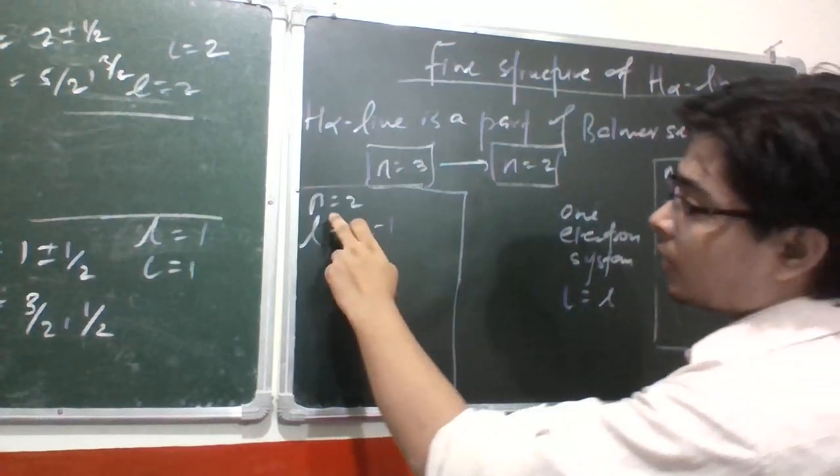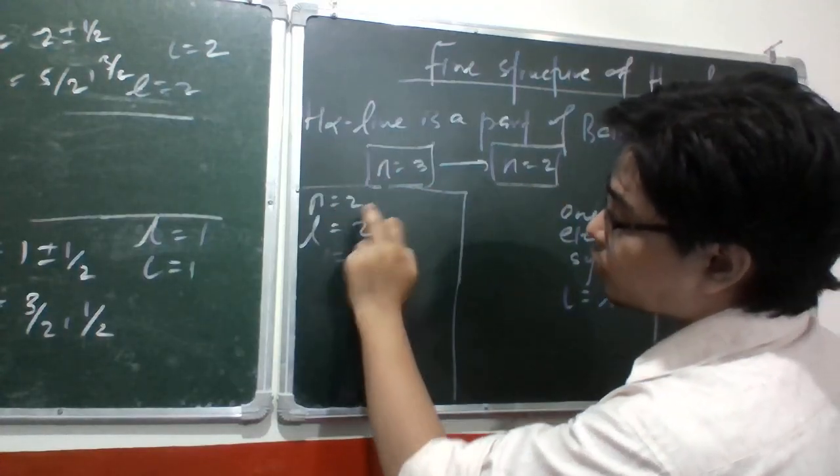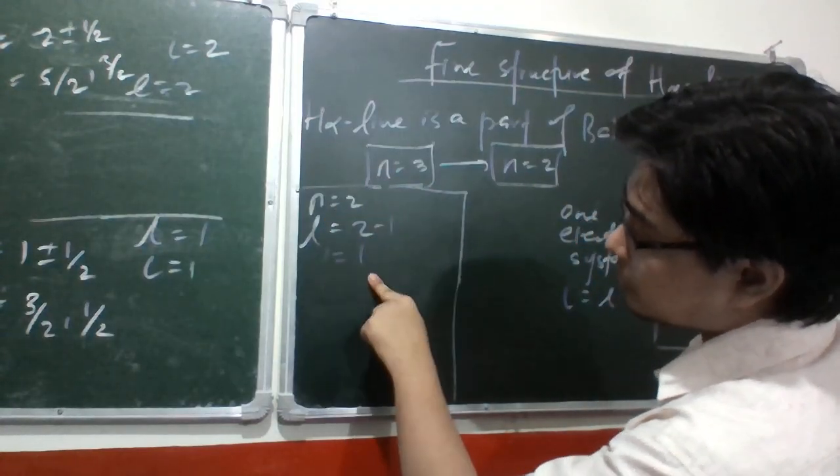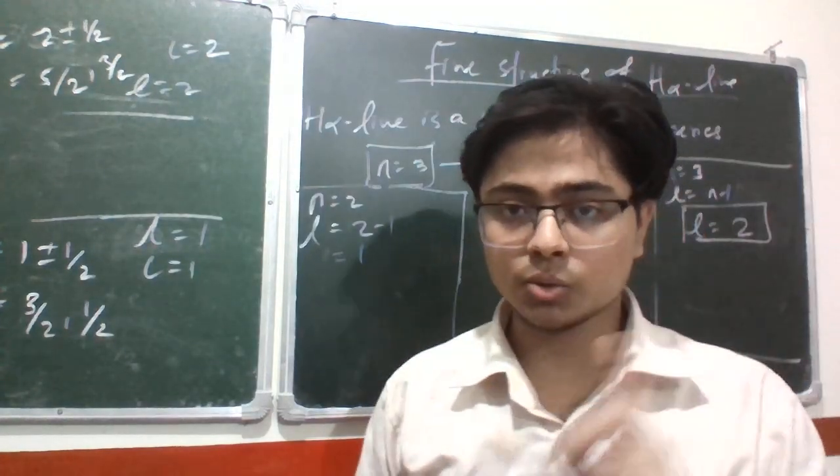Similarly, it goes from n equals 3 to n equals 2. So for n equals 2, L is 2 minus 1, which becomes 1. So we have values L equals 2 and L equals 1.